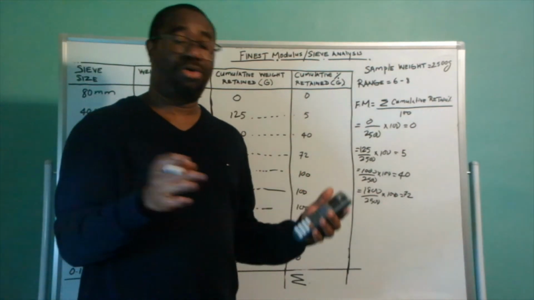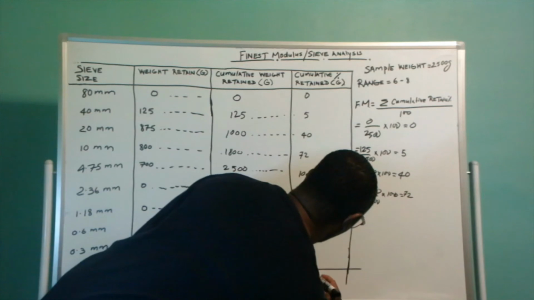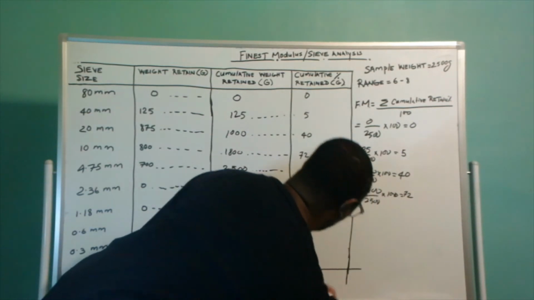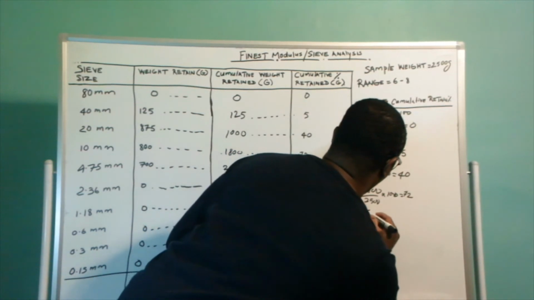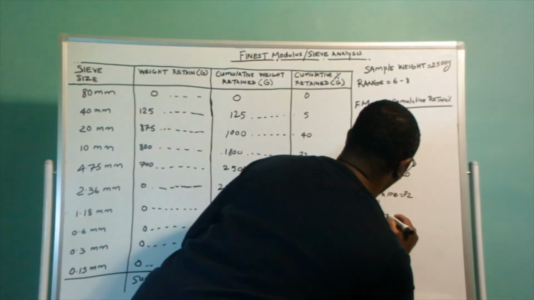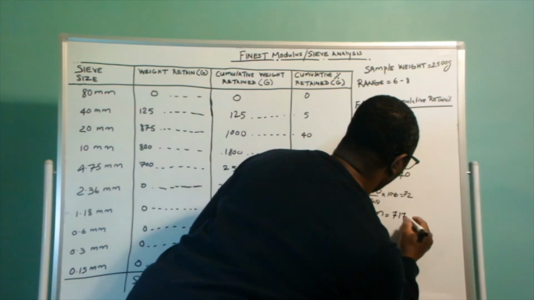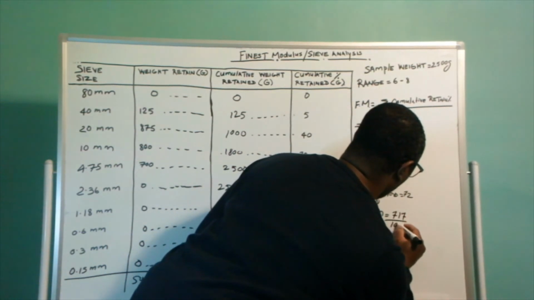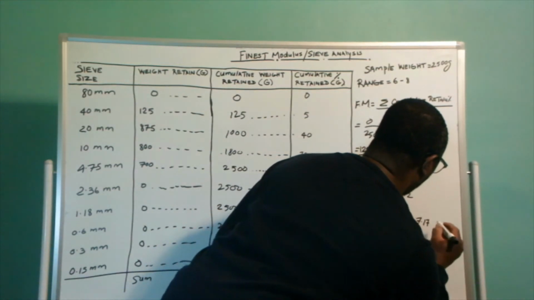And that works out to be 717. Right? So therefore, our fineness modulus works out to be 717 over 100, which is equal to 7.17.